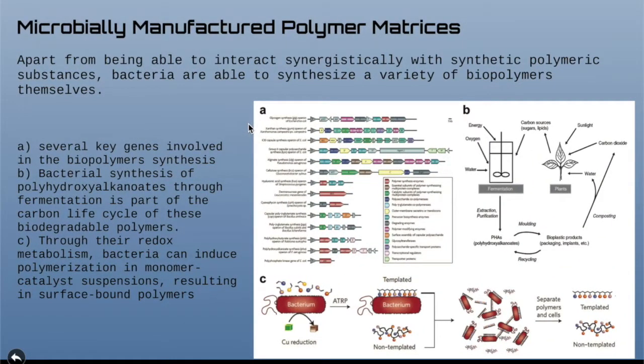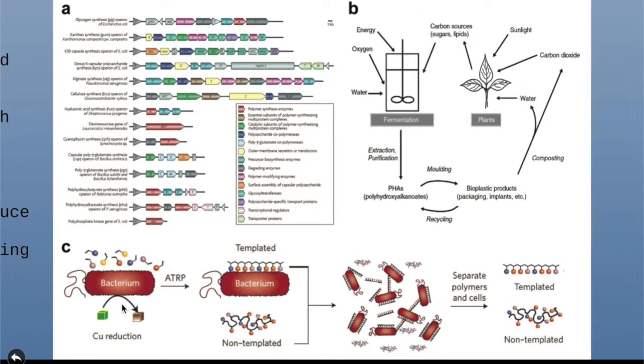And then the manufactured polymer matrix. So the microbe will manufacture a polymer matrix, which means, for example here, the bacteria can have a reduction process, and they have the polymerization here, and they will template all these monomers, and then they will have a template, and they will have a non-template here.